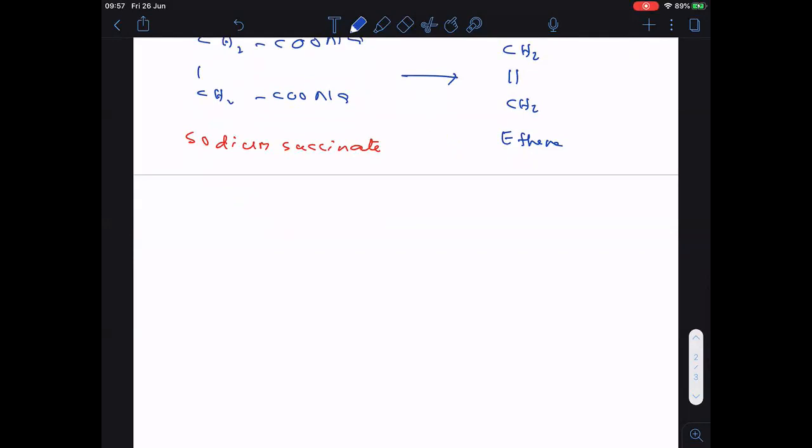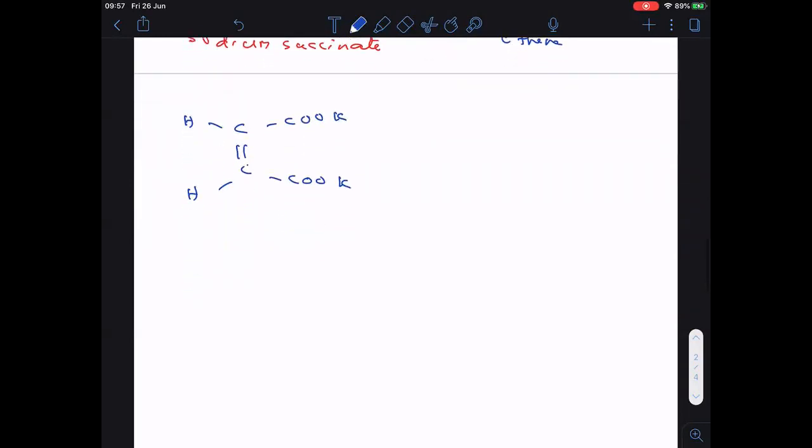Clear? Now, if I take one more example here. So now C double bonded C. So here I want to take the COOK, here also COOK, and here hydrogen, whereas here also hydrogen. So what is the name of this one?